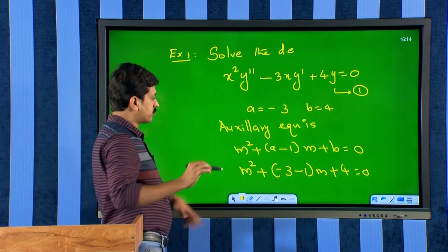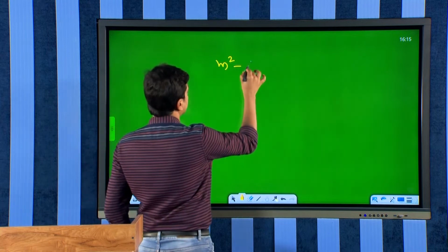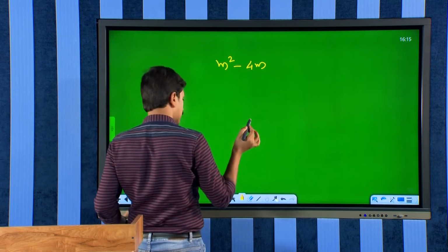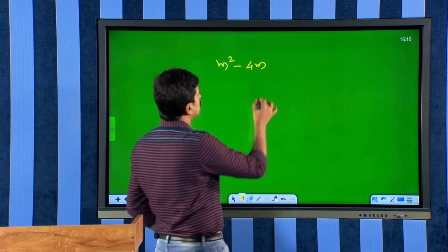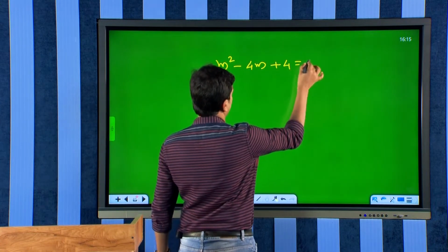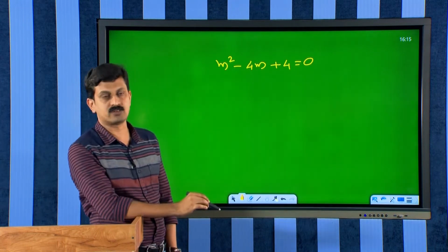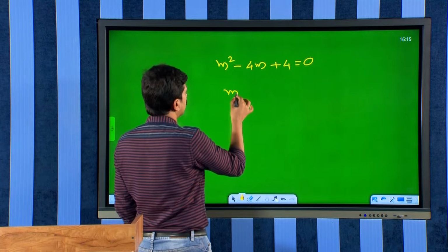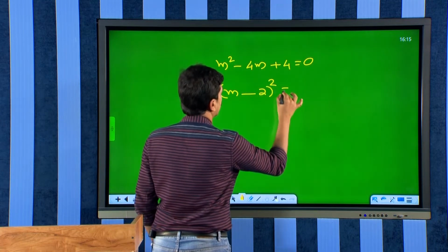Therefore, this is m square minus 4m plus 4 is equal to 0, that is (m minus 2) whole square is equal to 0.